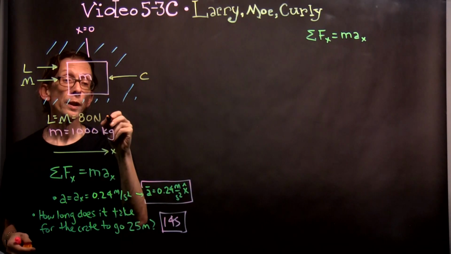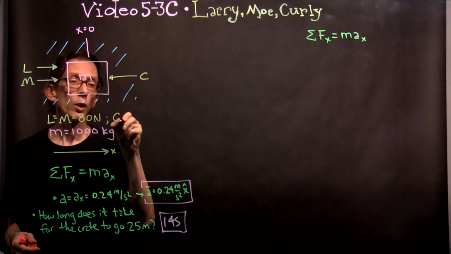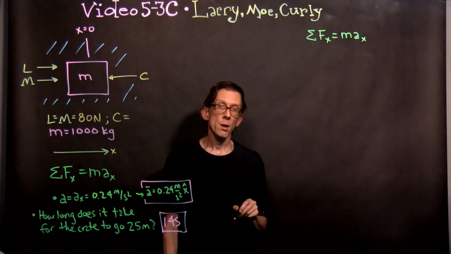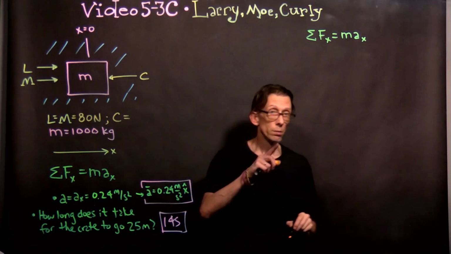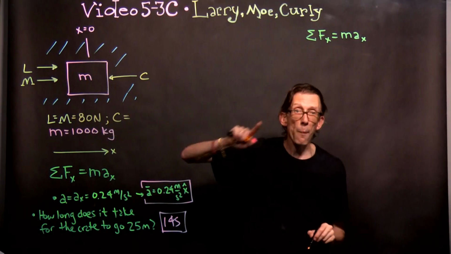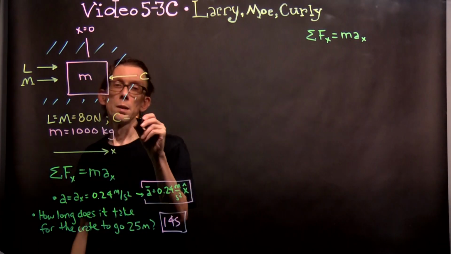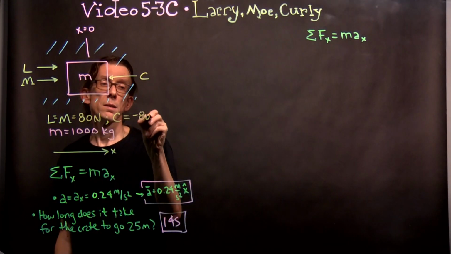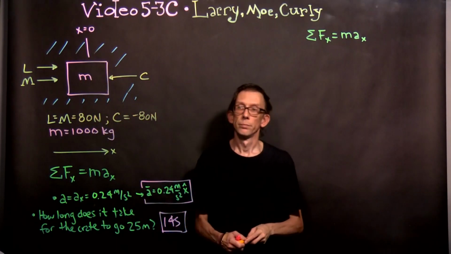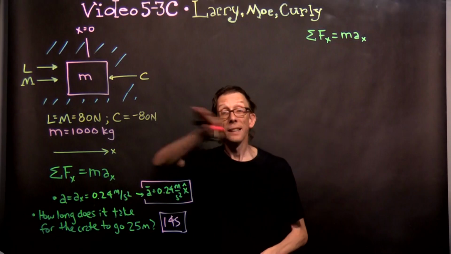But now Curly now is going to have a force not of 80 newtons, but of, get ready for it, negative 80 newtons, because he's now pushing that way. Negative 80 newtons. Now Curly's working against them.